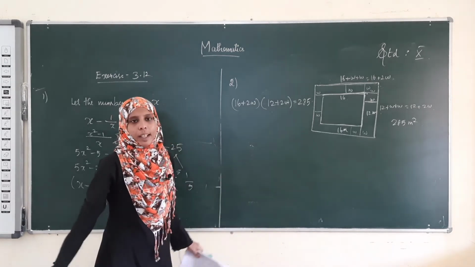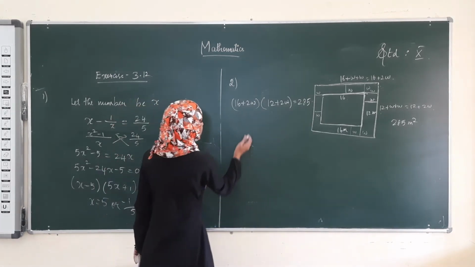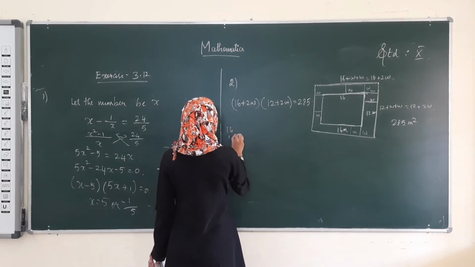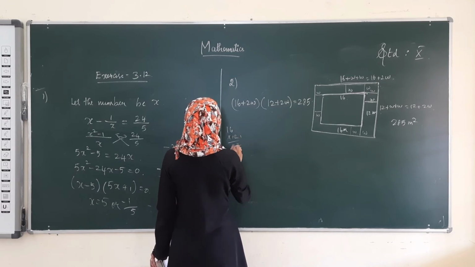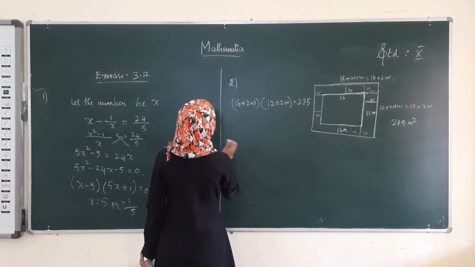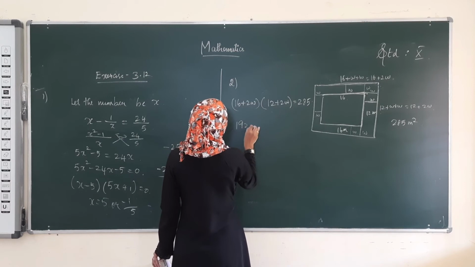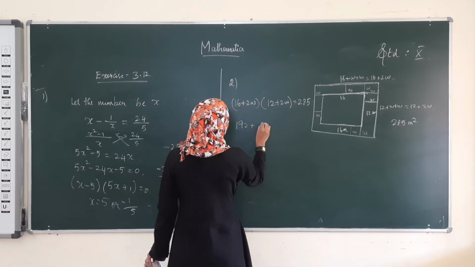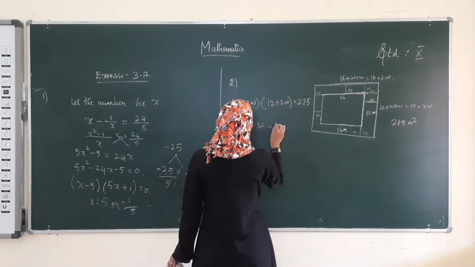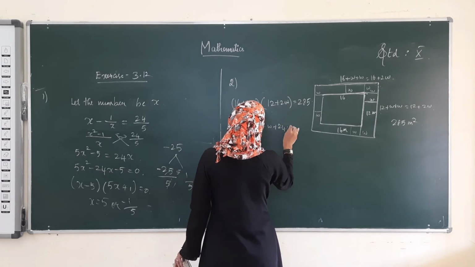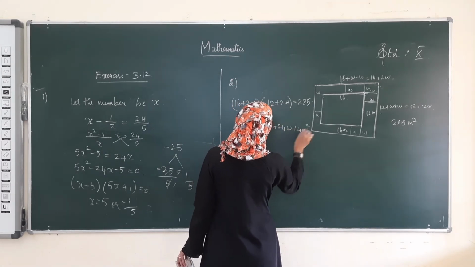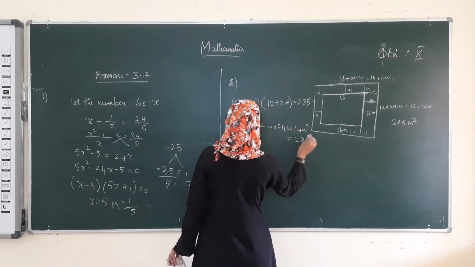If we solve this, we can find the value of W. Shall we solve this? What is 16 into 12? 192. 192 plus 16 into 2 is 32 into W, plus 24 into W, plus 4 into W square is equal to 285.